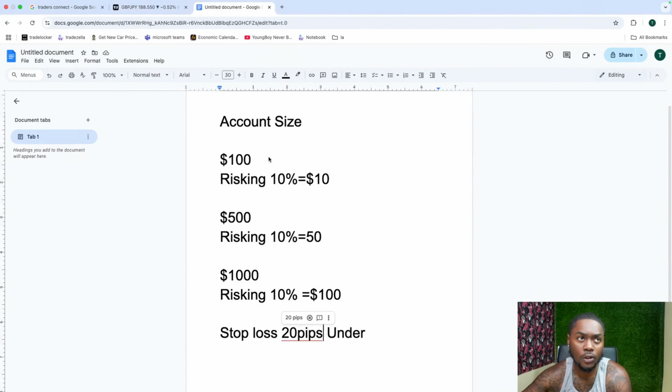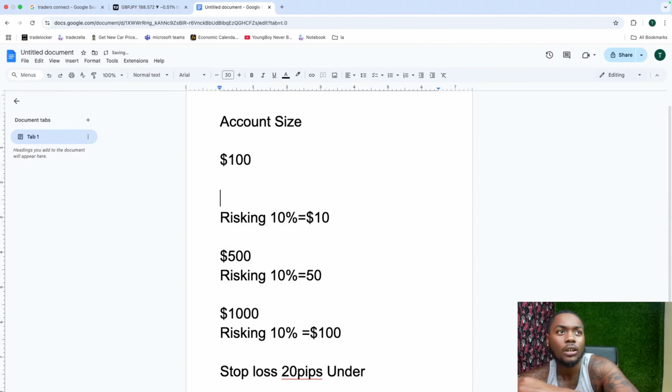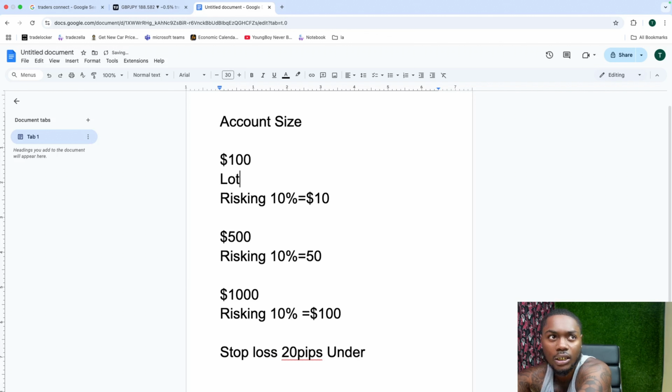So the way I structure it as far as my actual lot size. So if I'm on a $100 account, my lot size is going to be 0.2. So lot size is 0.02 times 4.